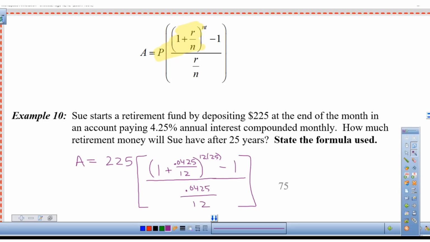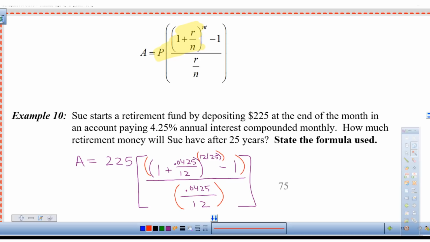There are 3 places that I have to insert parentheses, and I want you to actually write it on your paper because I think it's going to be better. So tell me, someone raise your hand and tell me where to do that. On the bottom. 2 more places. On the top. And the other one we've already done, around the exponent.